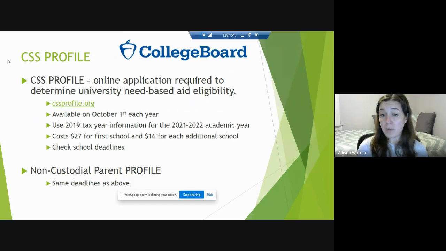It's $27 for the first school and $16 for each additional school that requires the CSS Profile. A lot of times the CSS Profile fee will automatically be waived if your PSAT or SAT fees were waived, or if, based on the financial information provided on the CSS Profile, it deemed that you qualified to have those fees waived.